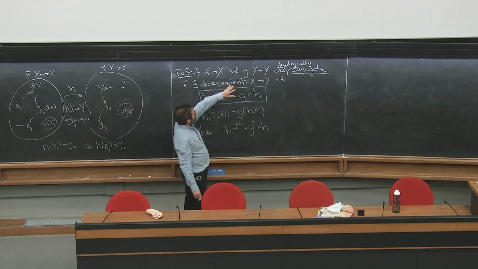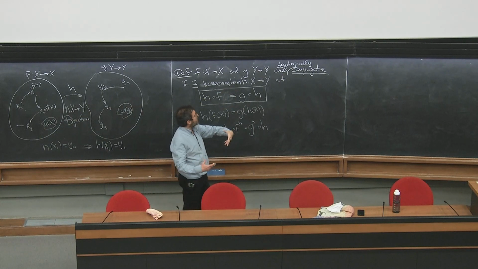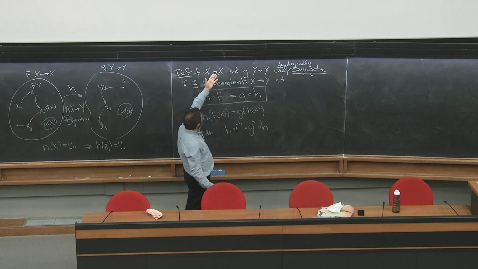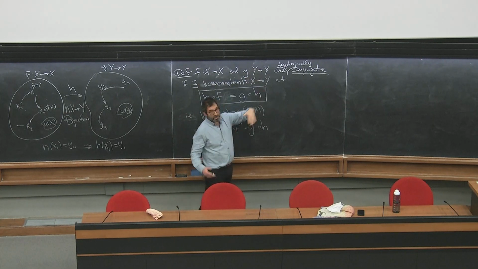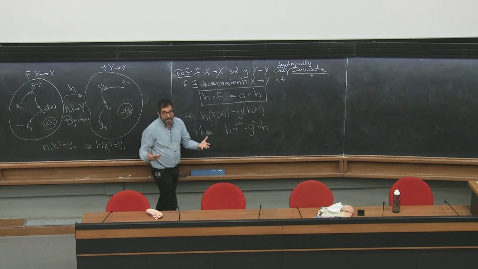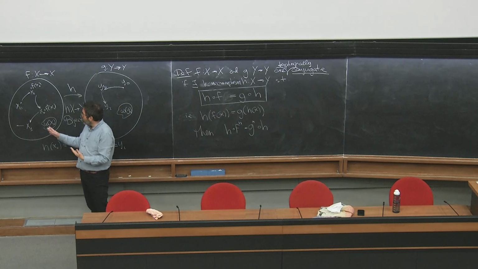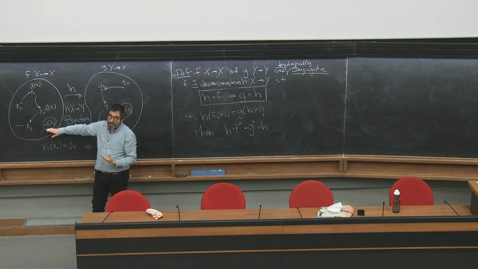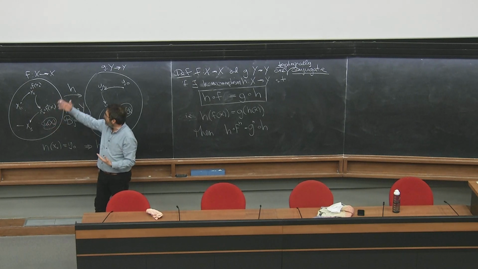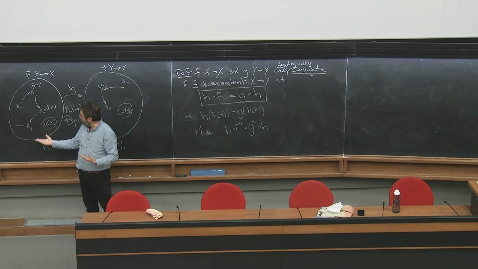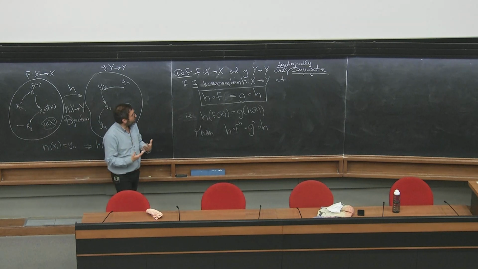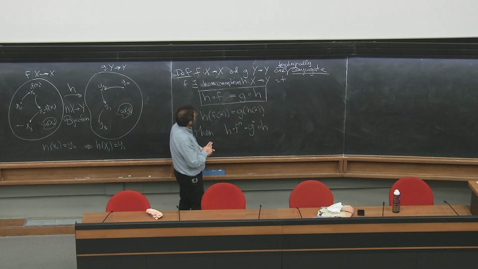So the first definition of conjugacy did not make any assumption on X and Y. They're just sets, which is exactly how we were defining right from the beginning. To define a dynamical system, you do not need any structure, but to define omega limit, you need to have a topology. So we generally assume X and Y are metric spaces, but if you have a topology, you can define the omega limit.